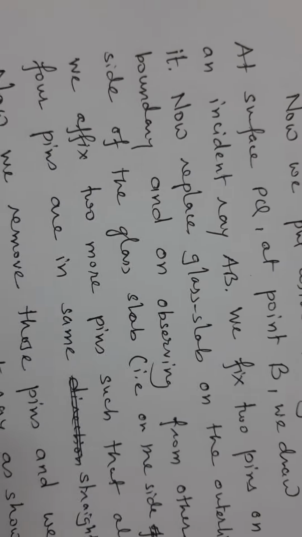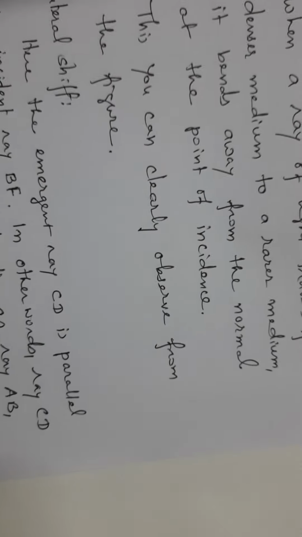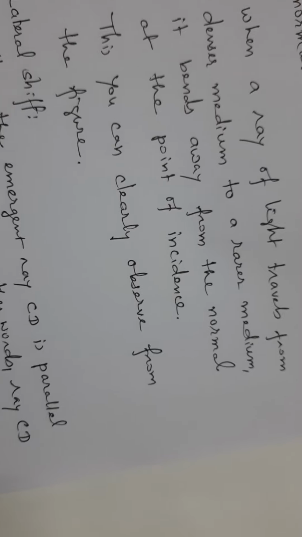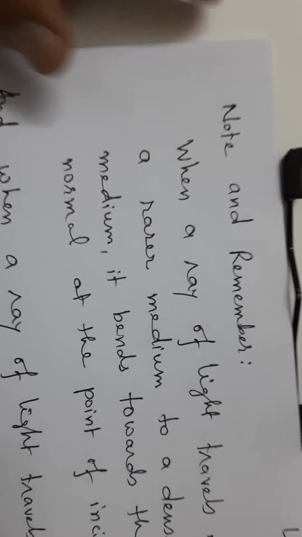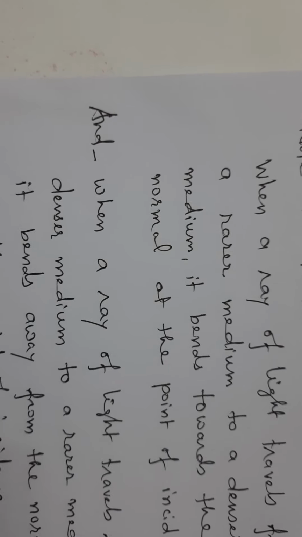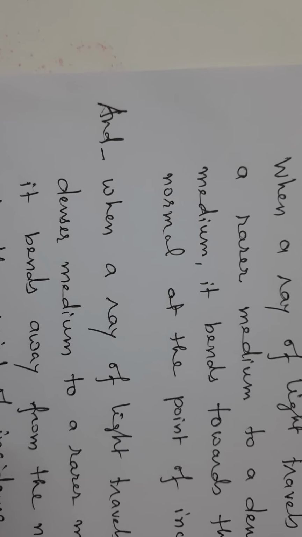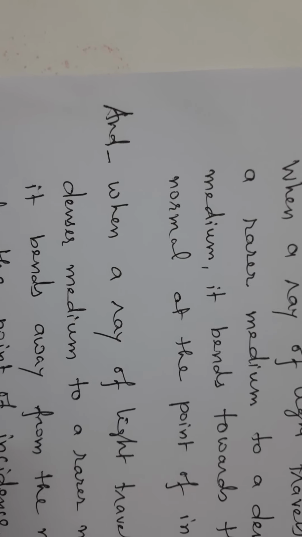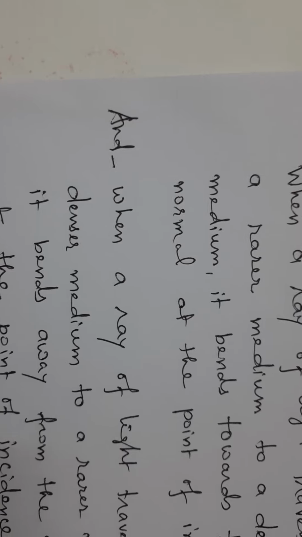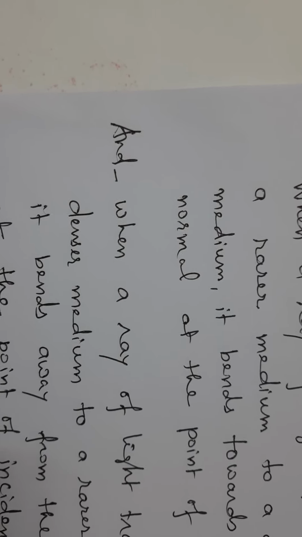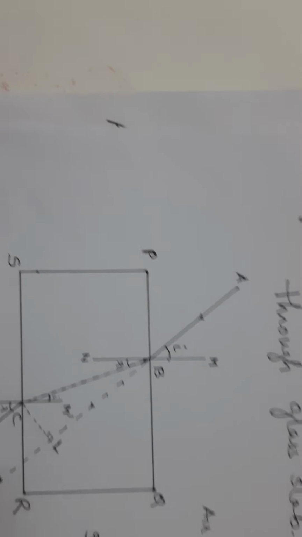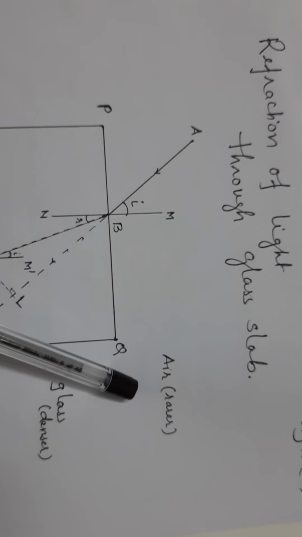The diagram has already been shown; that particular diagram has to be drawn. Now remember, when a ray of light travels from rarer medium to denser medium, it bends towards the normal at the point of incidence. I show you with respect to the diagram. In this diagram, this was air medium, that is rarer medium.